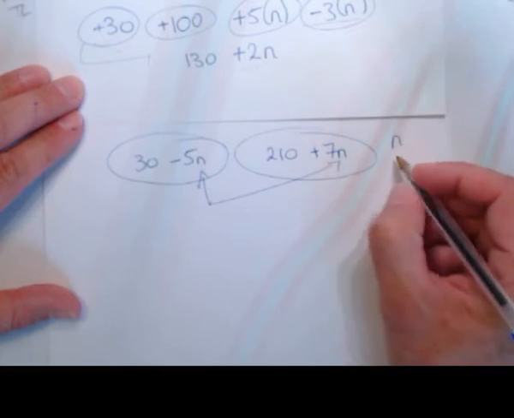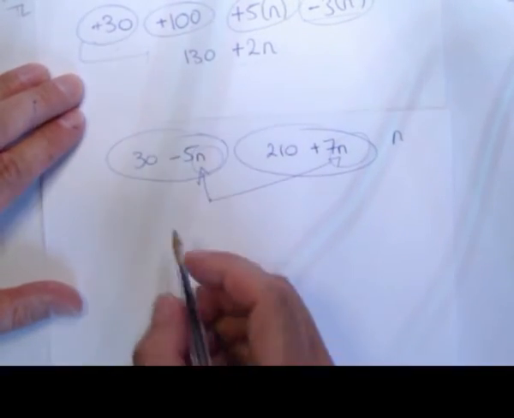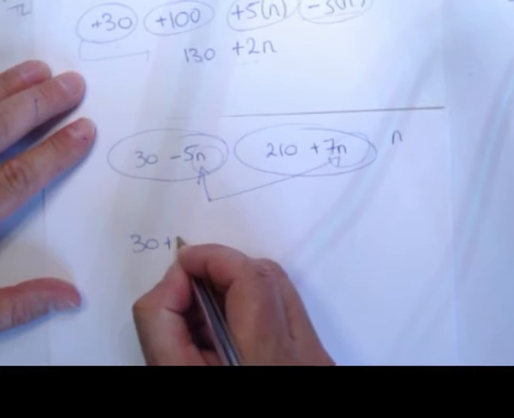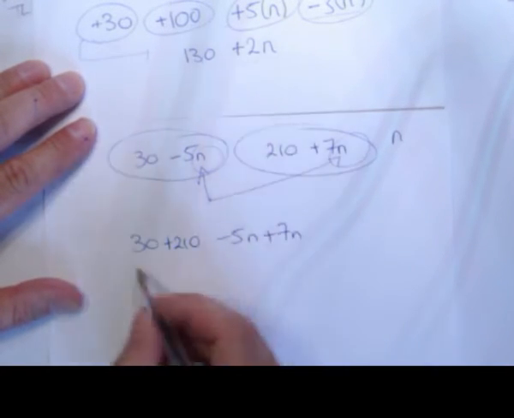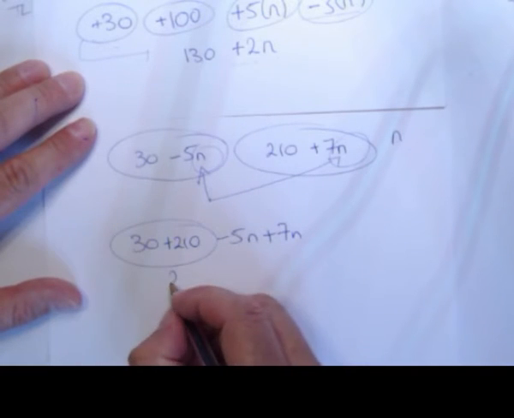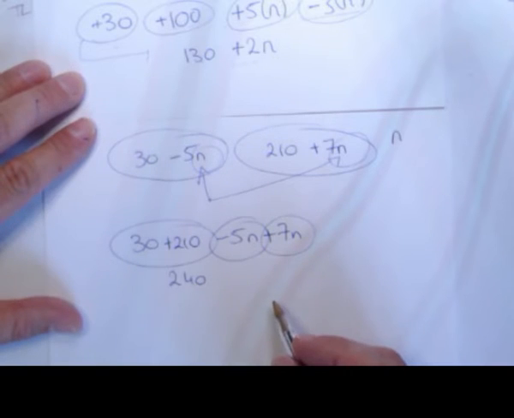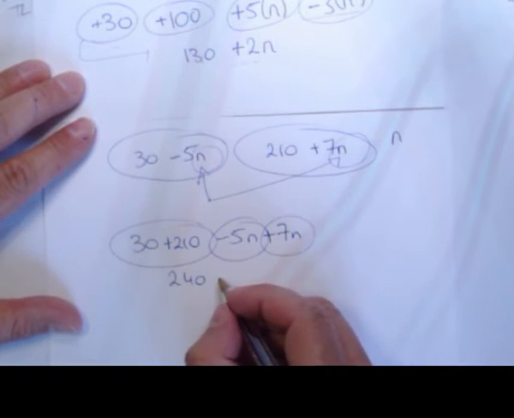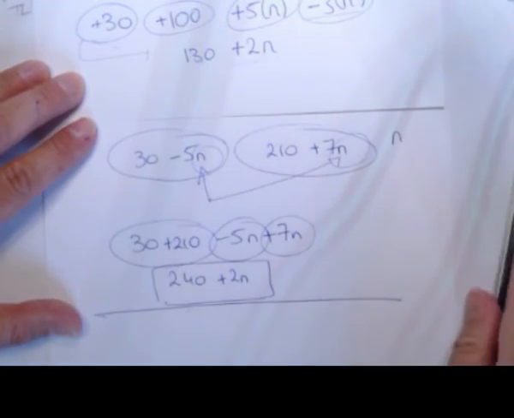That n is not different in either situation. You're just adding them together. So this is going to be 30 plus 210 less 5n plus 7n. The numbers just add the way you normally add numbers, and the n's add the way you would normally add numbers as well, except you're counting n's. So 7n's take away 5n's is 2n. And that's how you add formulas together.